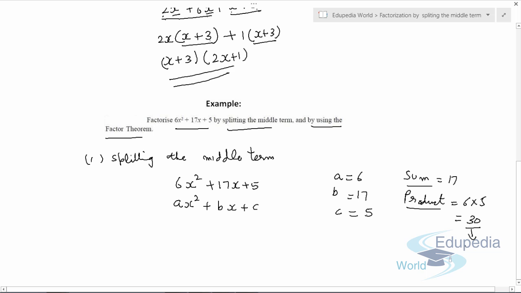Now see, if we break 30 as 2 into 15, the product is 30, which satisfies this criterion, and 2 plus 15 gives 17, so it satisfies the criterion of sum. So these two numbers, 2 and 15, satisfy both criteria and can be used as factors. So we write like this.